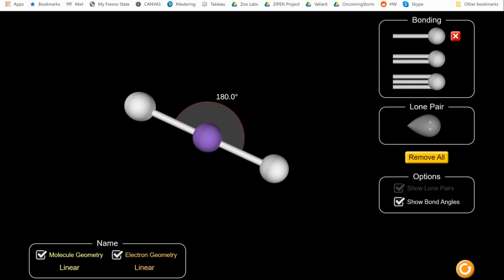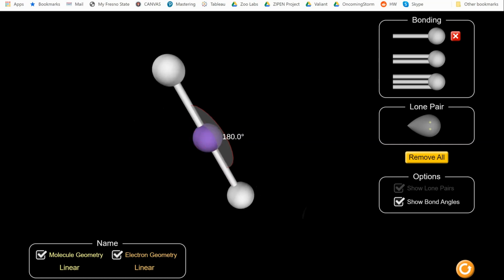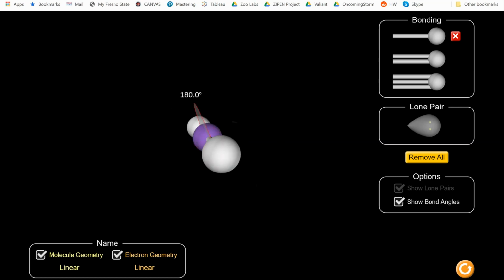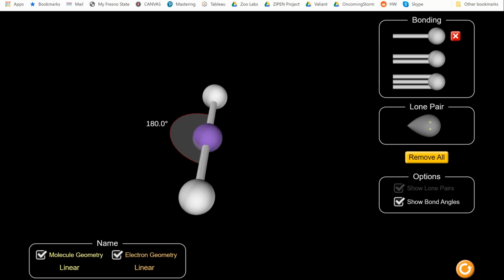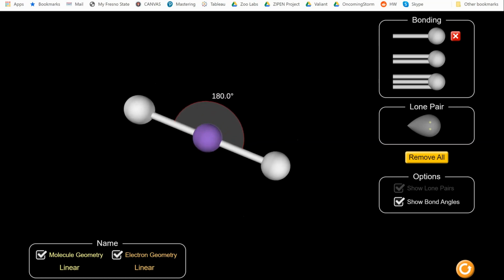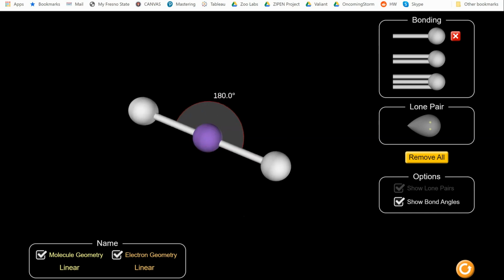In this simple example, I have two electron groups, two bonded atoms, and they've positioned themselves so they're as far away from each other as possible. Because they're stuck to that central atom, it's just changing the angle. But at 180 degrees, that positions those clouds of electrons as far away as possible. And so this would have a linear geometry. That's the name we give to this arrangement.